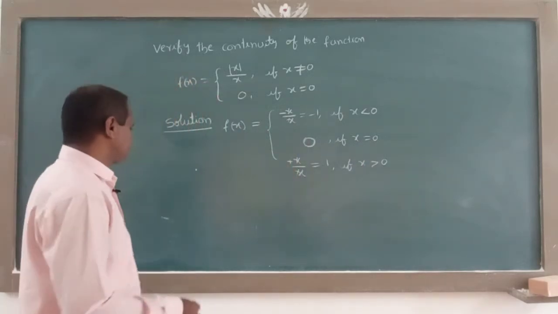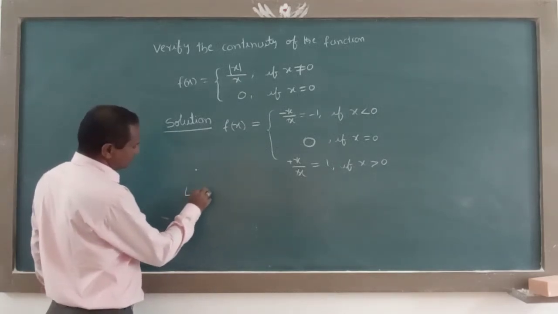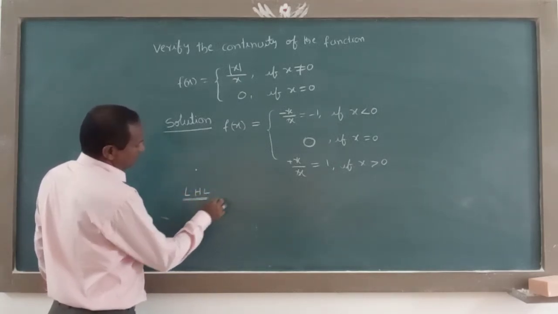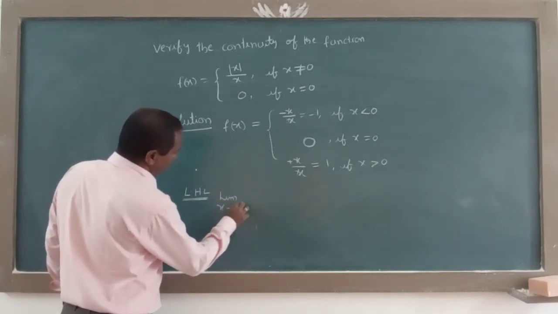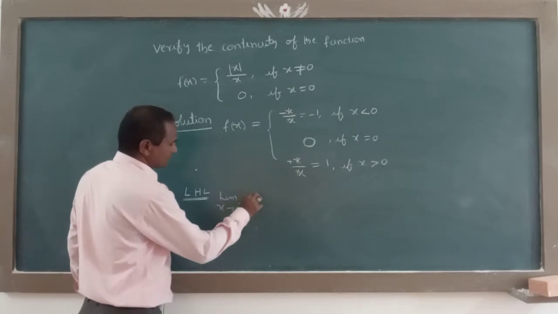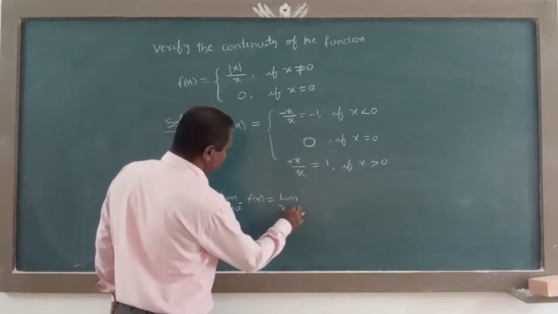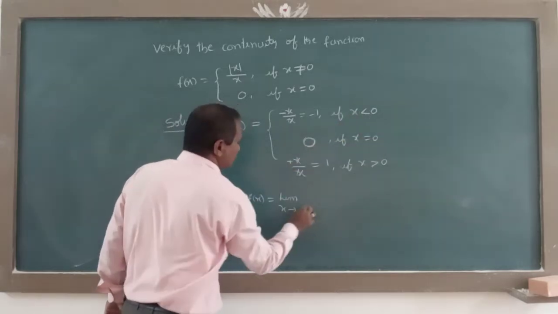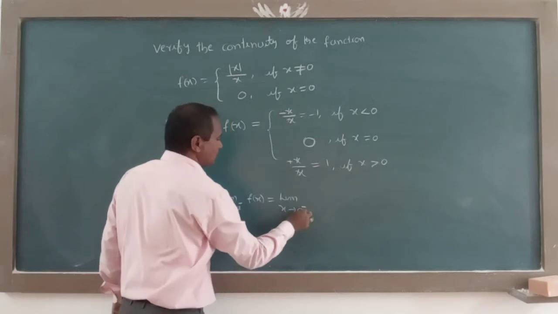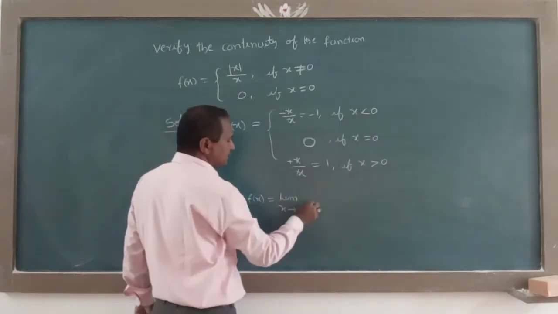Now LHL is limit x tending to a minus f of x, which is equal to limit x tending to 0 minus f of x, instead of a they gave 0. Corresponding to the less than symbol, whichever function is there, minus 1.